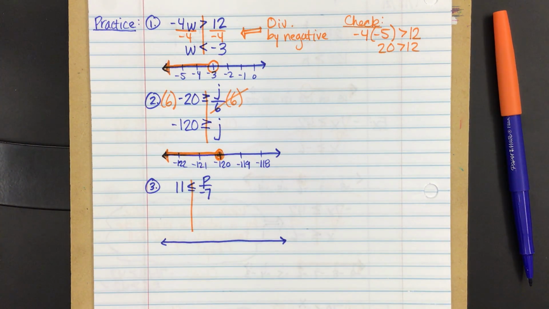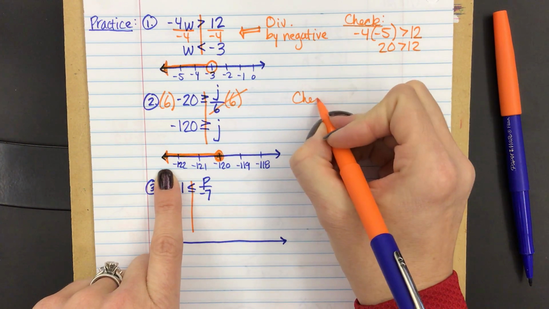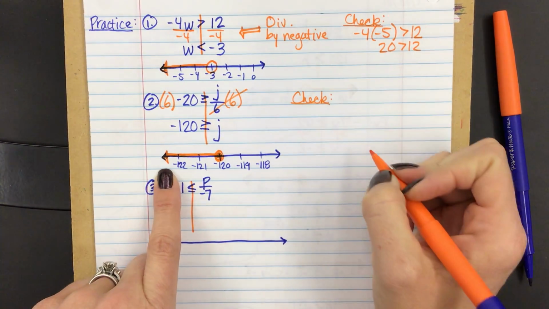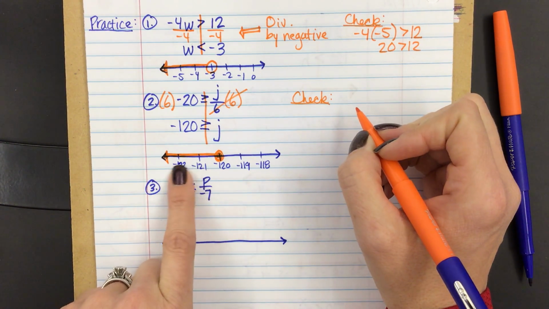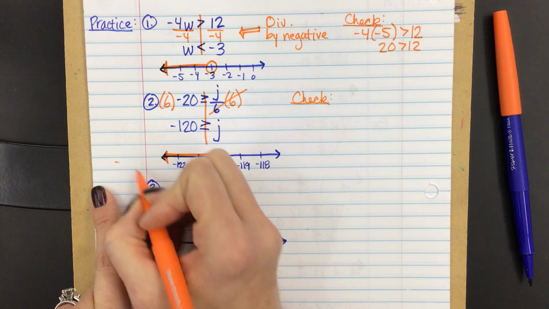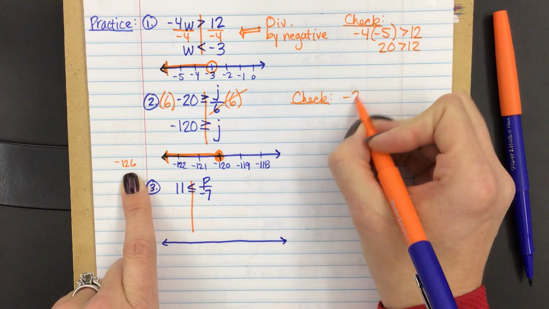Now I'm going to pick something in my solution set to make sure that I'm good. It's a little tricky because you're going to be dividing it by 6. And so it might be nice to have something that's divisible by 6. Like if I keep going, I would hit negative 126, which I know is divisible by 6. So I'm going to pick that.